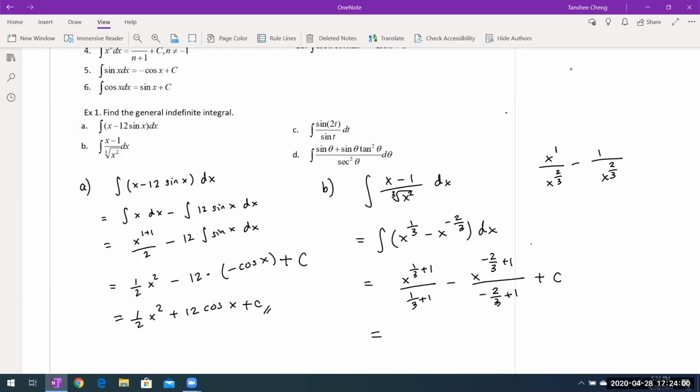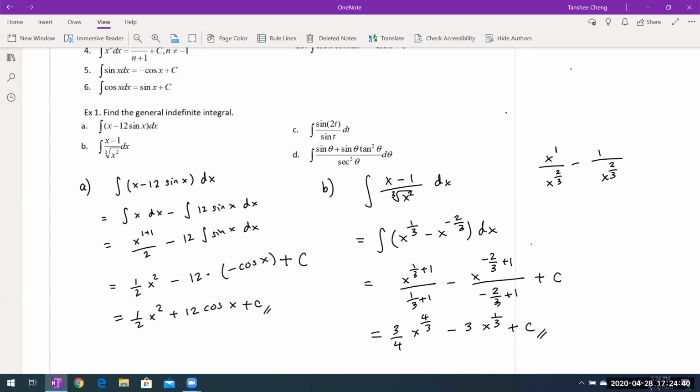Finally, when I simplify this, it will become 4/3, which when you reciprocate it becomes 3/4, and x to the 4/3 power, minus, and when I combine the denominator, that becomes 1/3, which reciprocates to 3, and x to the 1/3 power, plus a constant. This will be my integral of this function, which gives you a general family of functions right here.